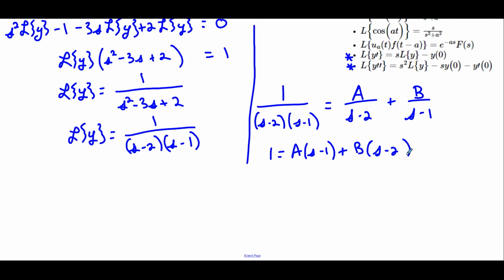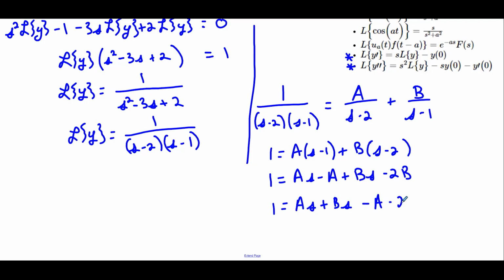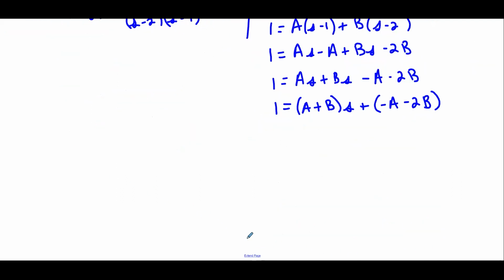So there's a couple of different ways you can go about solving this. Let's do it this way. Let's get rid of these parentheses. Let's distribute. And then let's group them together. In fact, I can factor out an s from the first two. And then I'll just say the negative A minus 2B are together.